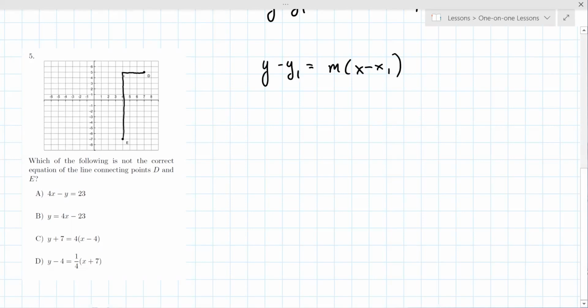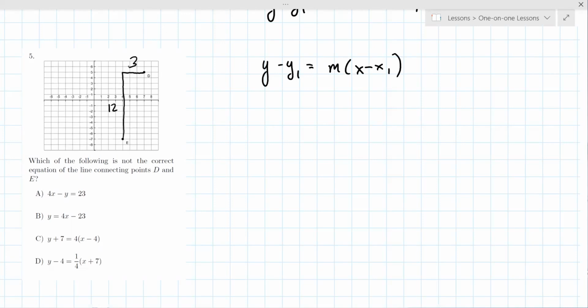Oh, sorry, I'm trying to count. 1, 2, 3. 12 over 3, which is 4. So y minus 5 equals 4 parentheses x minus 7 parentheses.